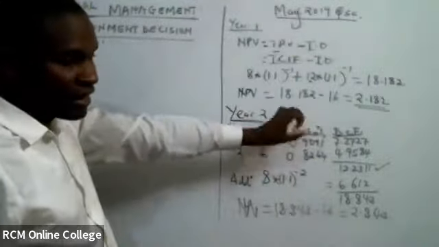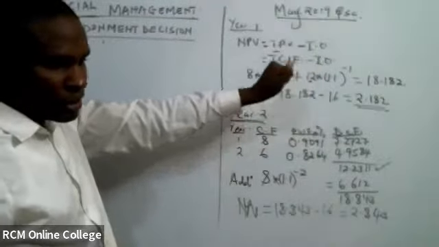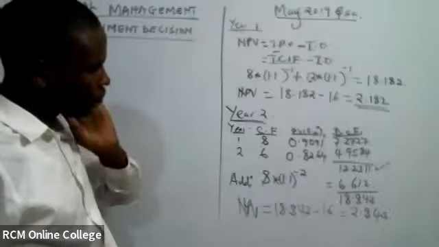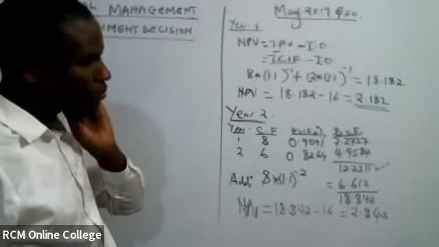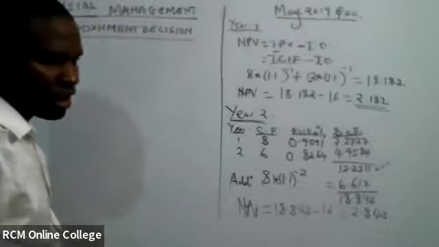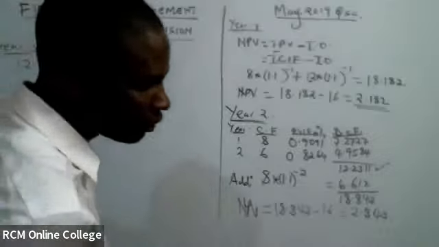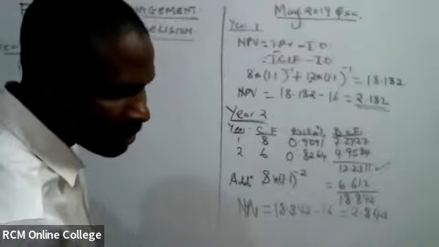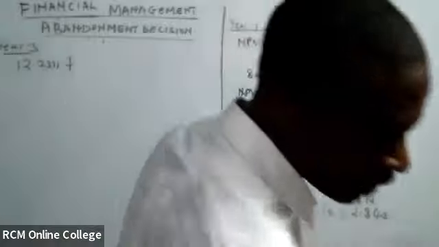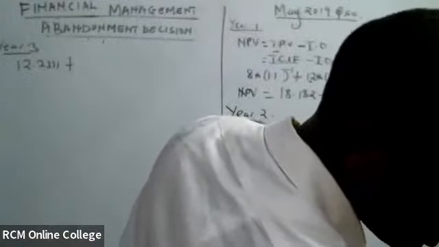Remember the formula is 1.1 raised to -2. That is why we asked that. HK, you tell us what you got, and then we compare. 98. HK got 98, class.